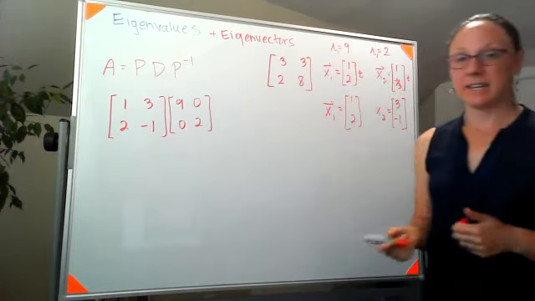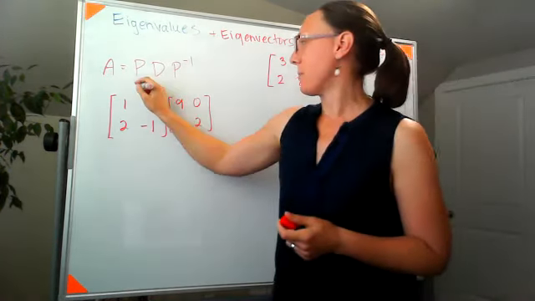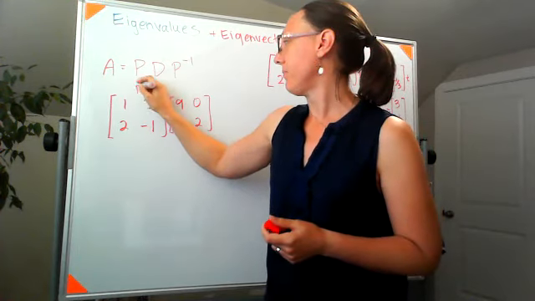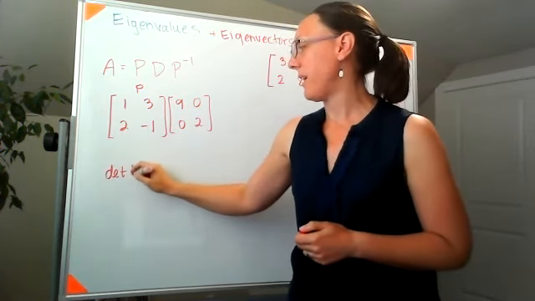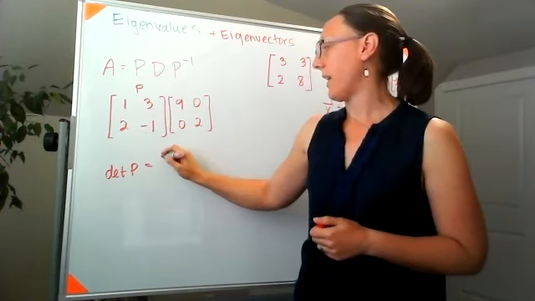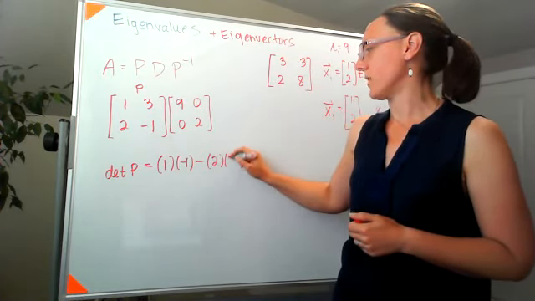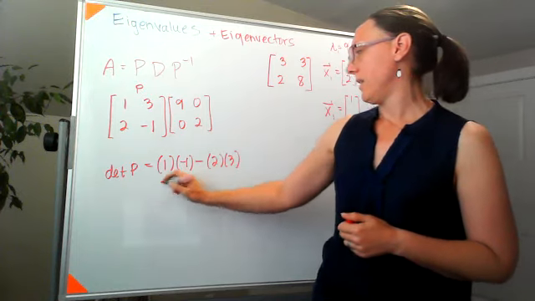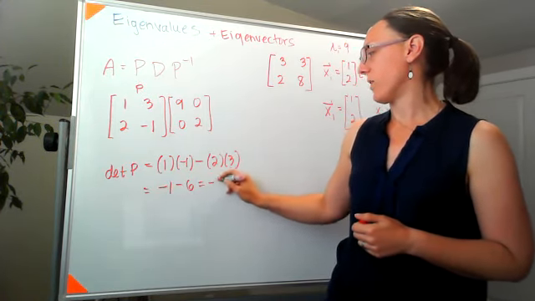And then our last piece is P inverse. Well, we need to find P inverse. So if this is P, then I know for my inverse, I'm going to need the determinant of P. So that is 1 times negative 1 minus 2 times 3. So that's negative 1 minus 6, or negative 7.